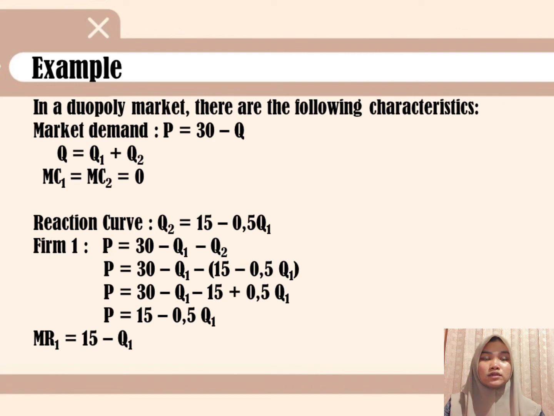So we can substitute the Q2 into it, 50 minus 0.5 Q1, and we get P equals 30 minus Q1 minus 50 plus 0.5 Q1, and then minus Q1 plus 0.5 Q1 equals minus 0.5 Q1. So P equals 15 minus 0.5 Q1, and our MR1 equals 15 minus Q1.